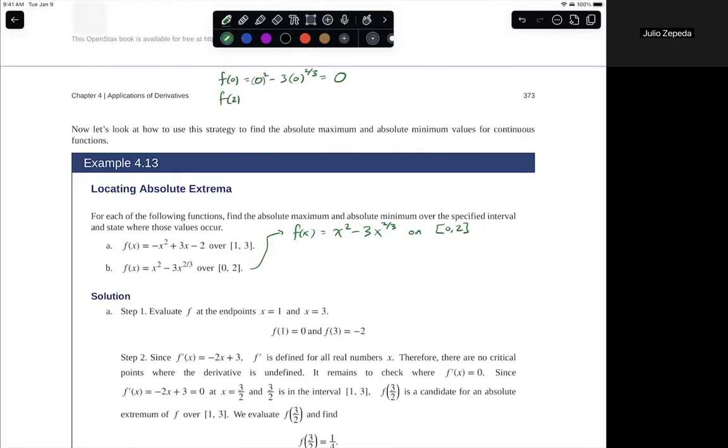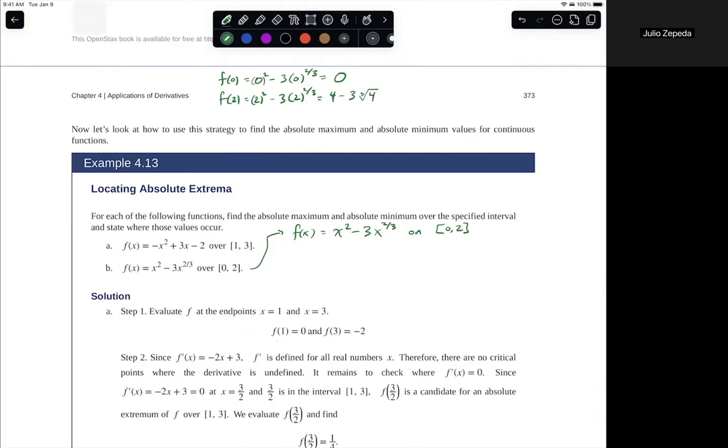So f of 2 is 2 squared minus 3 times 2 to the 2/3. This is equal to 4 minus 3 times the cube root of 4, 2 squared, right?